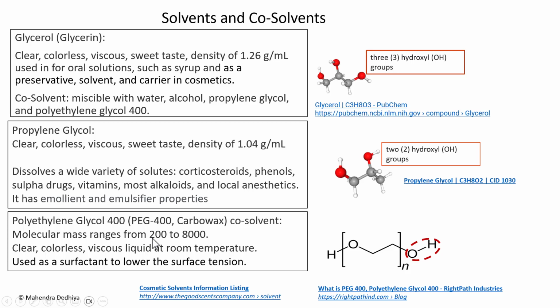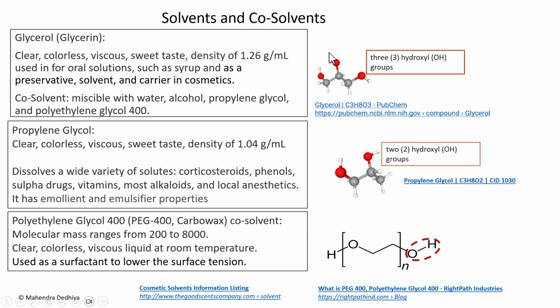PEG mass ranges anywhere from 200 to 8,000. Lower mass range products are liquid at lower temperature, and therefore they are used as a cosolvent in pharmaceutical preparation. Clear, colorless, viscous liquid at room temperature. They can also be used as a surfactant to lower surface tension.